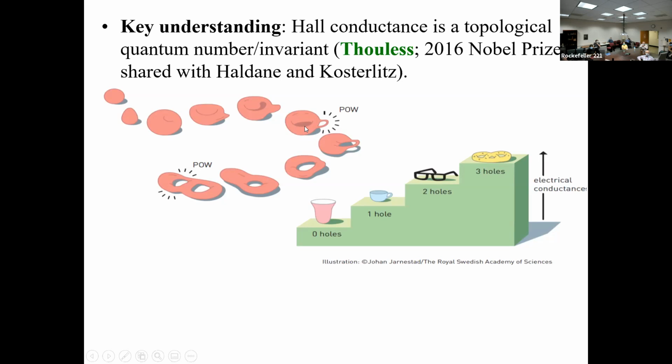But when you continuously distort the shape of your material, the topology, namely the number of holes, does not change. So therefore, there is a stability associated with that. And the quantization of Hall conductance is in some sense of the same origin, namely the quantized value of the Hall conductance is a direct measure of this topological quantum number, namely the number of holes here.